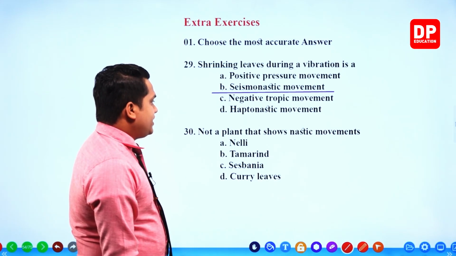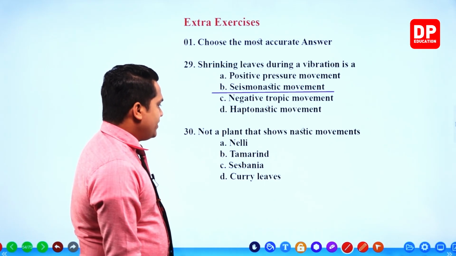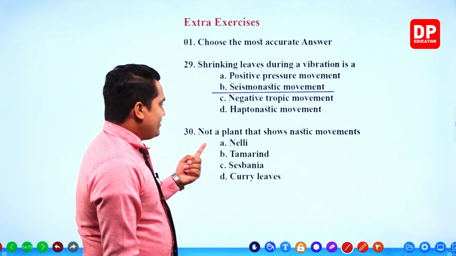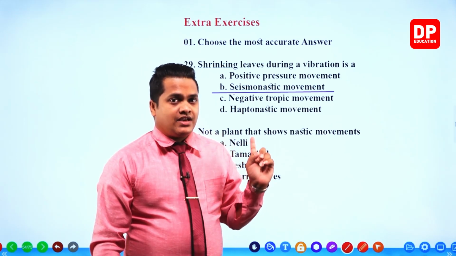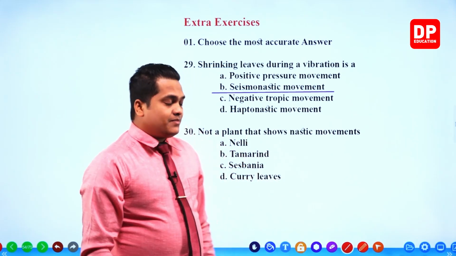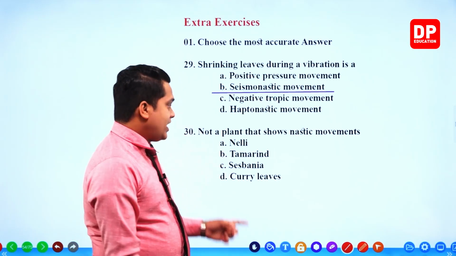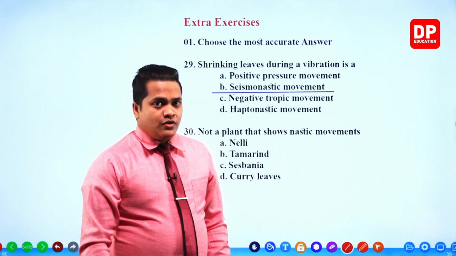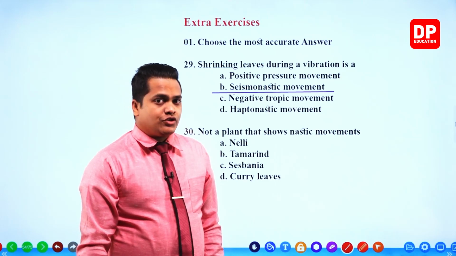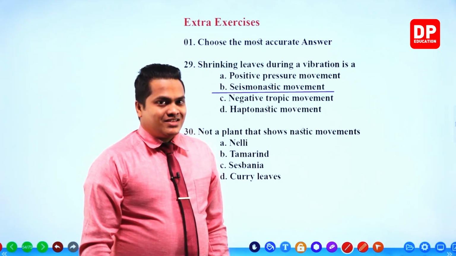Next one. Not a plant that shows nastic movements. Nelli, tamarind, sesbania, curry leaves. Sesbania, I think you can remember, is the one referred to as Kathurumurunga. So it's a plant that shows nastic movements or sleeping movements, my dear children. You know that Nelli and tamarind plants also show nastic movements, especially nyctinastic movements.